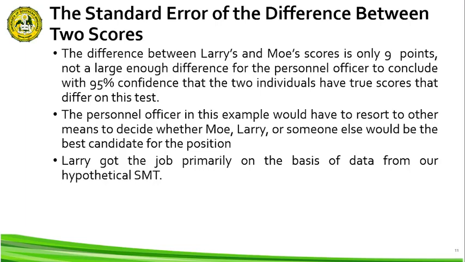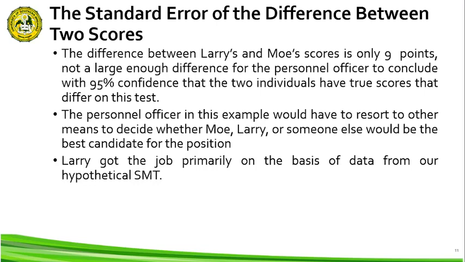So the difference between Larry's and Mo's scores is only 9 points, not a large enough difference for the personnel officer to conclude with 95% confidence that the two individuals have true scores that differ on this test.